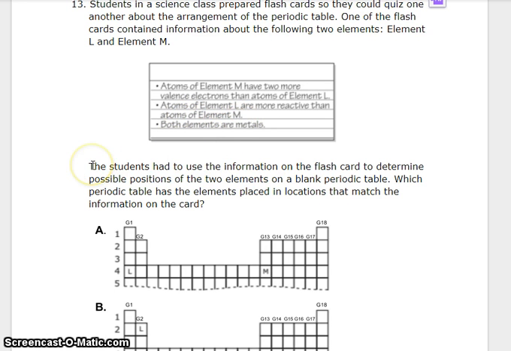The students have to use the information on the flashcard to determine the possible positions of the two elements on a blank periodic table. Which periodic table has the elements placed in location?